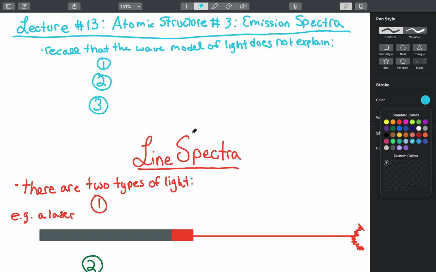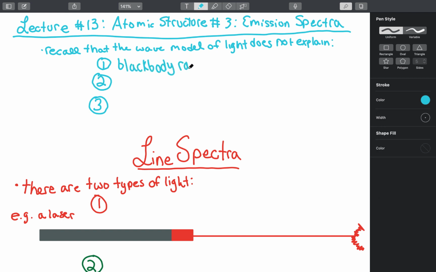So you may remember from the last video that the wave model of light does not explain some important behaviors that we see. So we said in the last video that the wave model of light does not explain black body radiation. We also said that it does not explain the photoelectric effect.